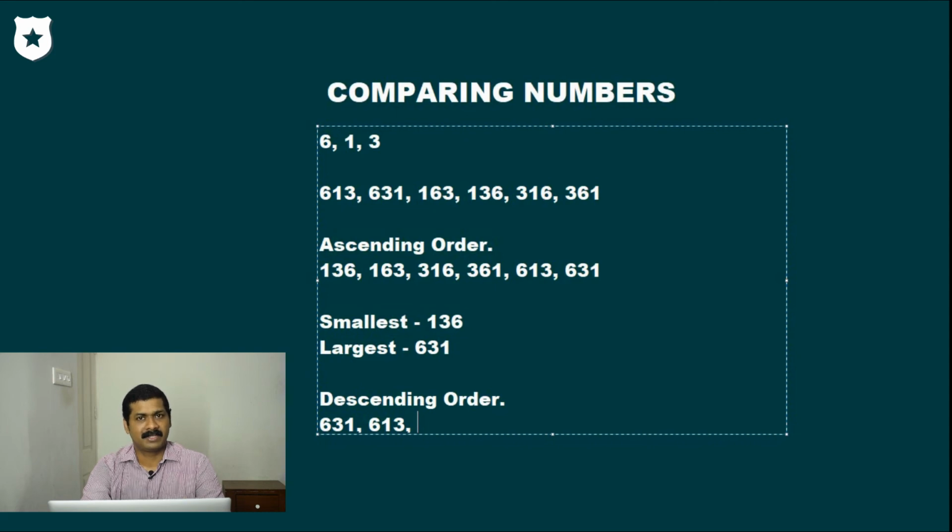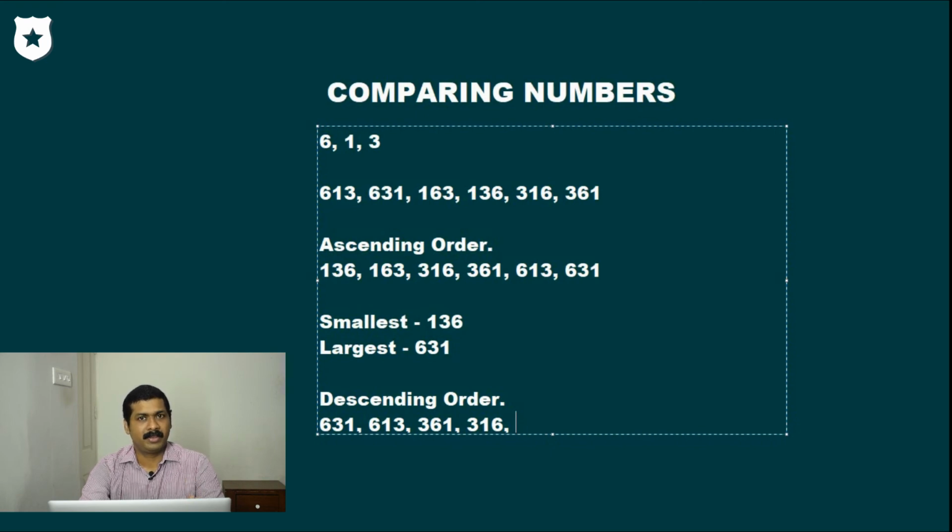So the largest 3-digit number starting with 3 in this example is 361. Which is the next largest number? It is 316. So we are done with the numbers starting with 6 and 3. Now we have one more number, it is 1.